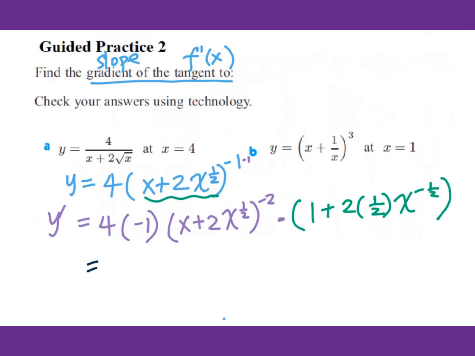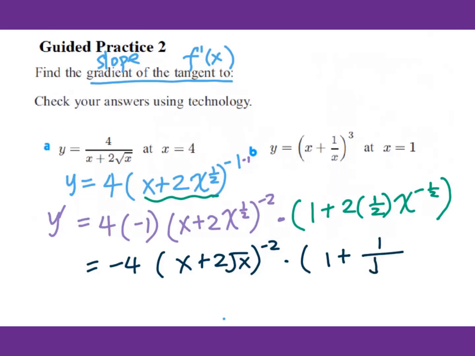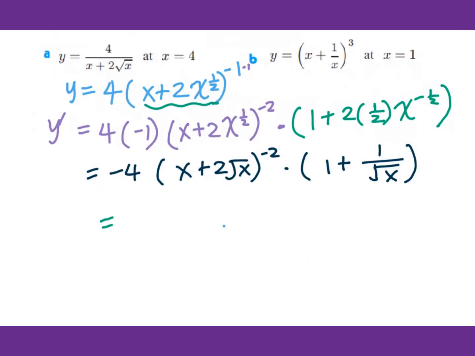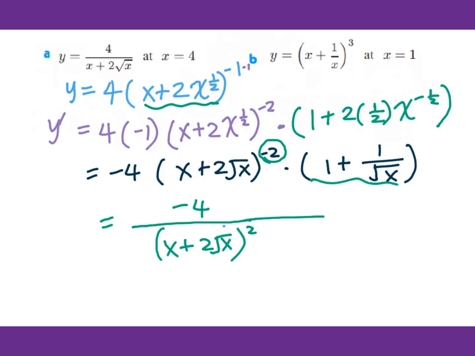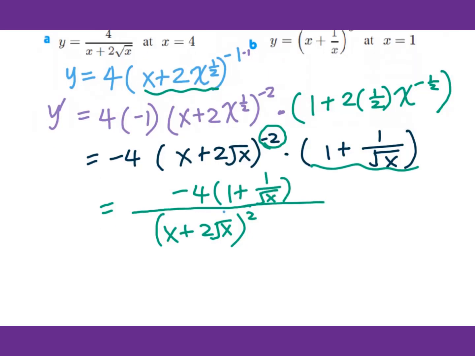Then we simplify. You will get negative 4 times (x plus 2 square root of x) to the negative second power times (1 plus 1 over square root of x). Negative power means reciprocal, so (x plus 2 square root of x) squared goes to the denominator, and I put this to the top: 1 plus 1 over square root of x.